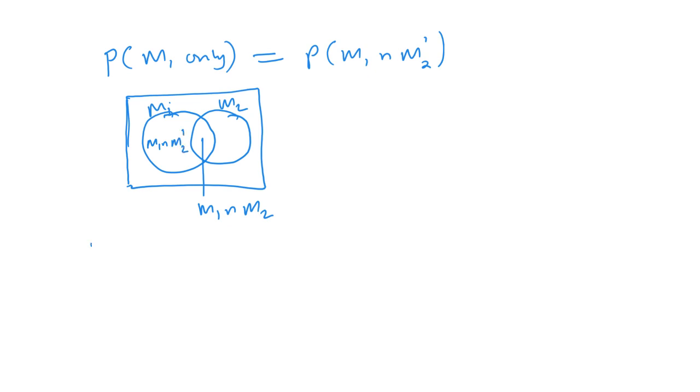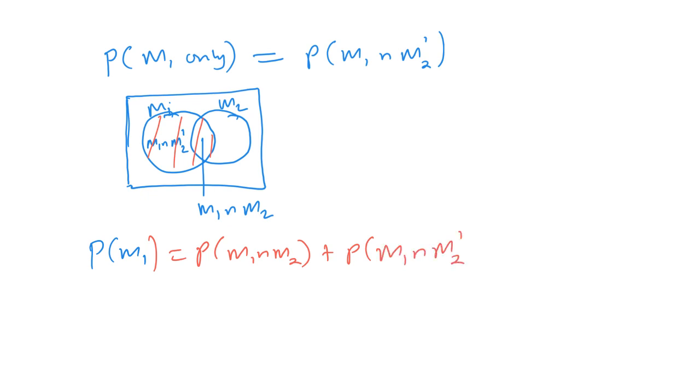So if you want the probability of M1, you want what is in this circle, it will be equal to the probability of M1 intersection M2 plus the probability of M1 intersection M2 complement.